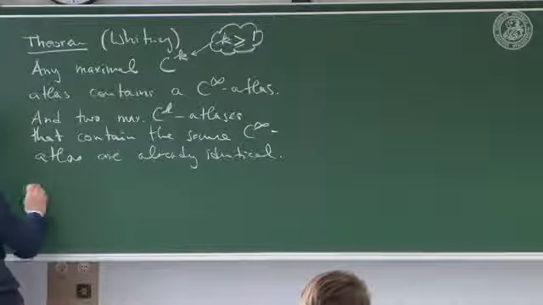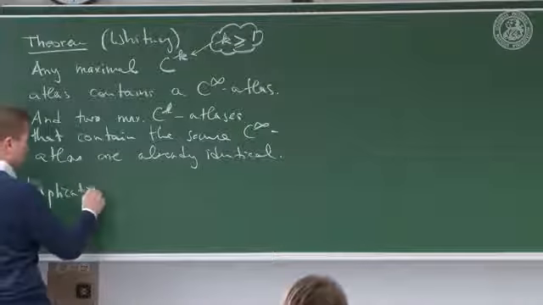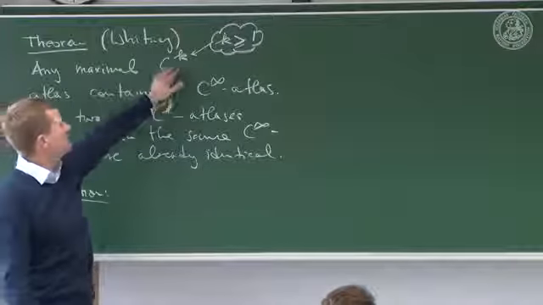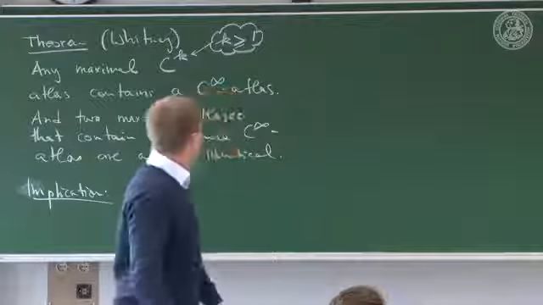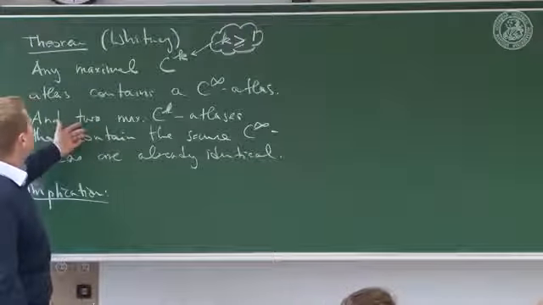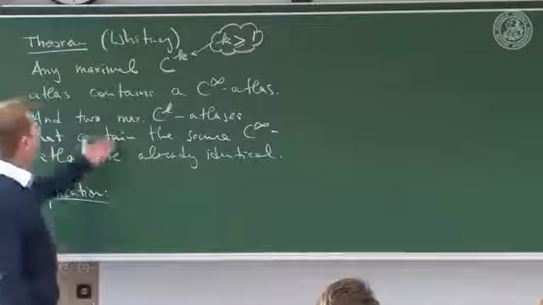Okay. So, well, observation or implication. What does this mean? Well, it means once you found, say, a C^1 atlas for a manifold, that already implies that two maximal atlases that contain the same C infinity atlas are identical.